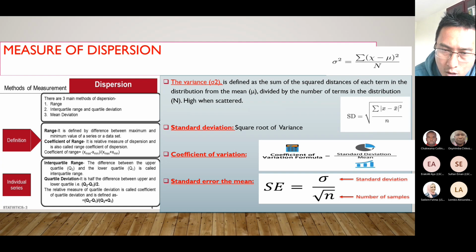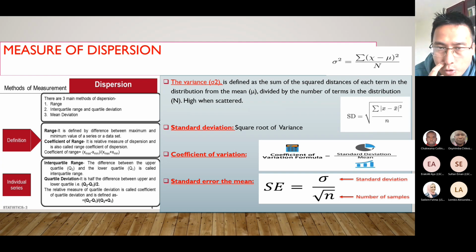That will give you the variance. In your exam they don't ask this, but sometimes they might put this diagram and ask what this symbol stands for. That is simple. This is variance. Now the standard deviation is the square root of the variance.